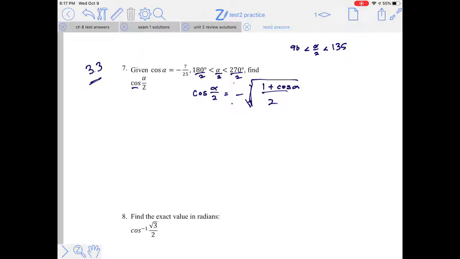But here's the nice thing, don't we already know what cosine alpha is? Yeah. Cosine alpha was given to us in the problem. It's negative 7/25.